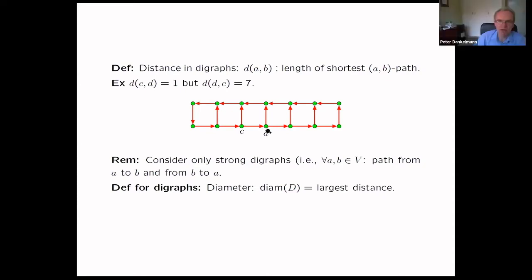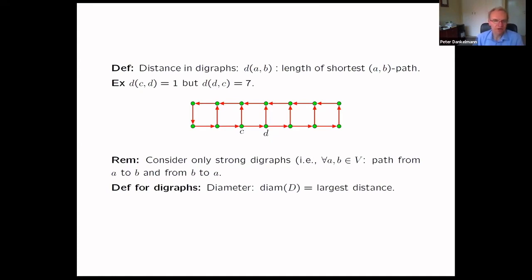But the distance from D to C, which in an undirected graph would be the same, in a directed graph where each edge has a direction, is not that easy. We can't go directly from D to C. We would have to take a detour up and then fully to the left, then down, and then again to the right to C. And that distance turns out to be 7. So the distance from C to D and the distance from D to C are quite different, and that's not unusual for digraphs.